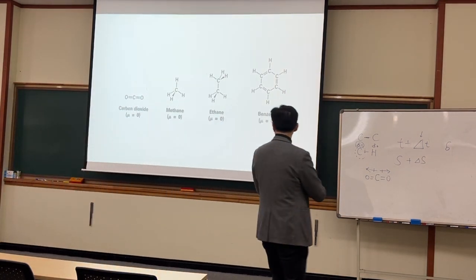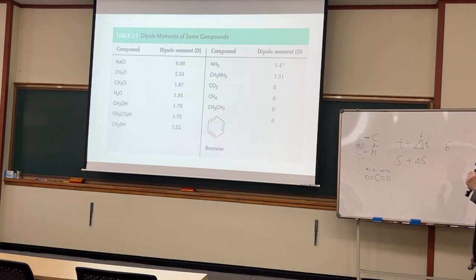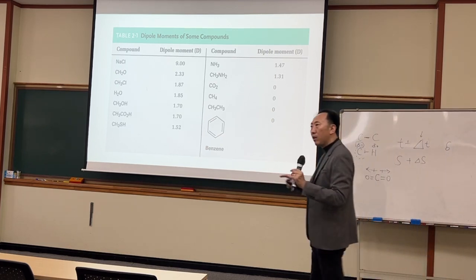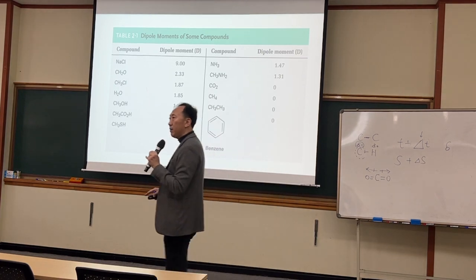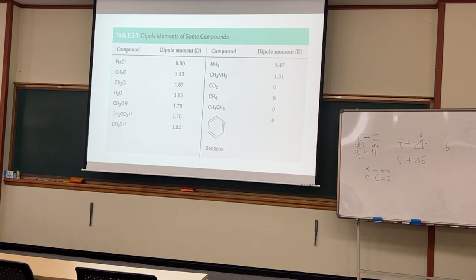Anyway, benzene is also symmetric. These symmetric molecules can be considered non-polar molecules, even though they have some partial local polarity, because of symmetry the polarity is cancelled out.